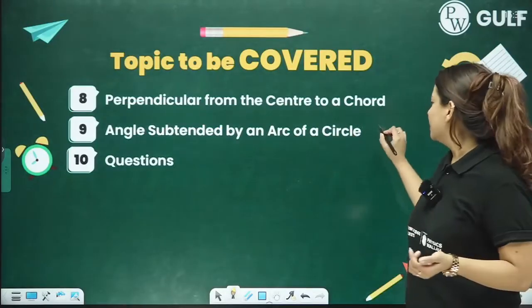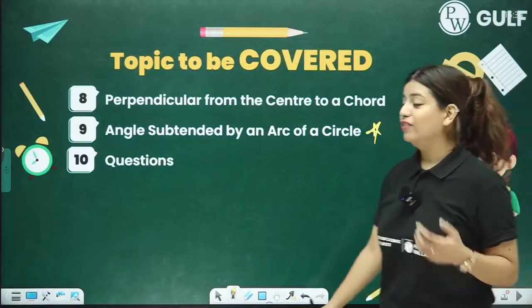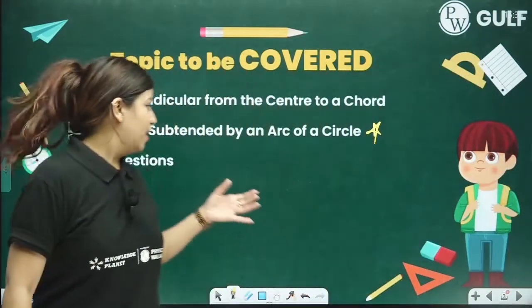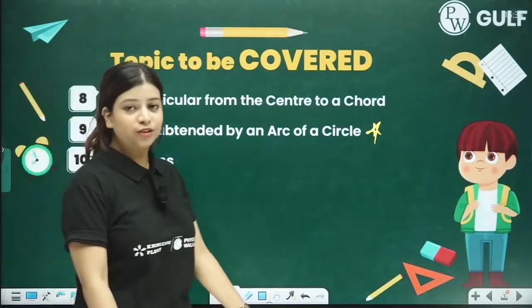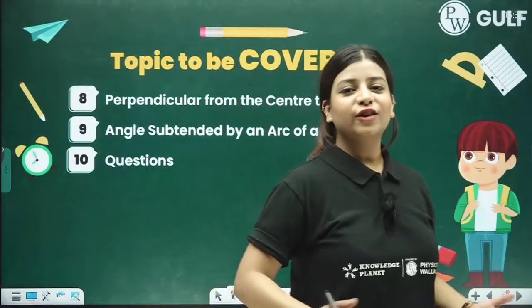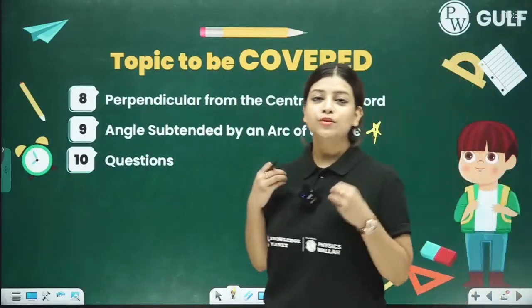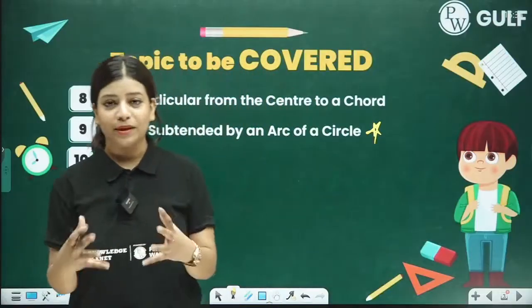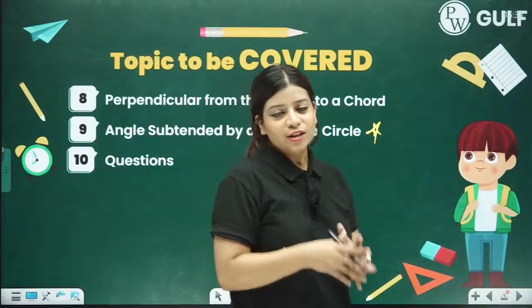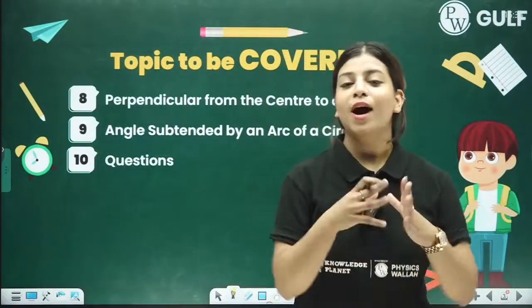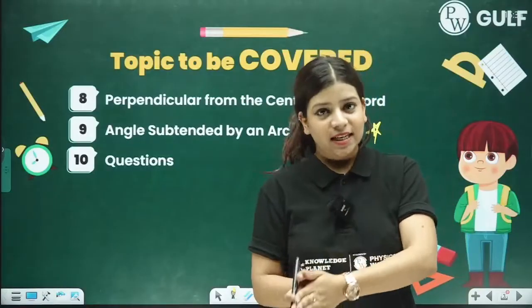Then we need to understand the angle subtended by the arc of a circle, and after that we are going to deal with some questions regarding the same topic. So these are all the topics that we are supposed to cover today, and all of them will be covered in one single video, so it will be really helpful for you to understand the basic concepts of the chapter.